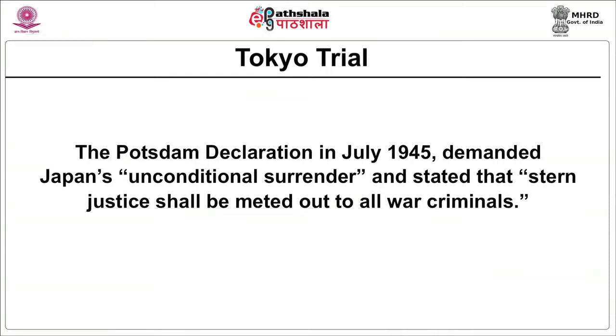The Potsdam Declaration of July 1945 demanded Japan's unconditional surrender and stated that justice shall be meted out to all war criminals. The Soviet Union alone did not sign it, as it was not in a state of war with Japan. Only China, the United Kingdom, and the USA signed it. After the signing, the European theatre saw Allied victory, while the Pacific theatre was still to be won.